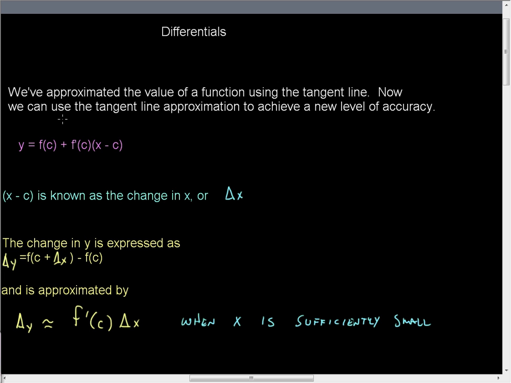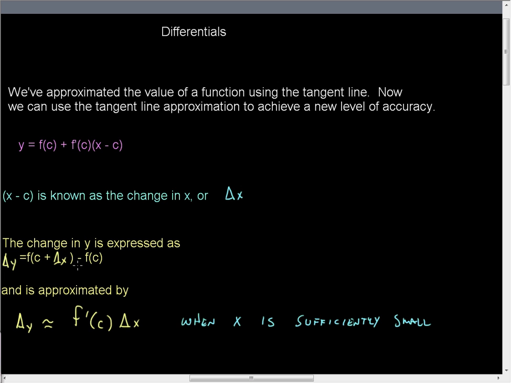And so now we can use the tangent line to achieve a new level of accuracy, something that is termed the differential, or the differential change. And so if we call x minus c the change of x, then y can be approximated by f of c plus this change of x.